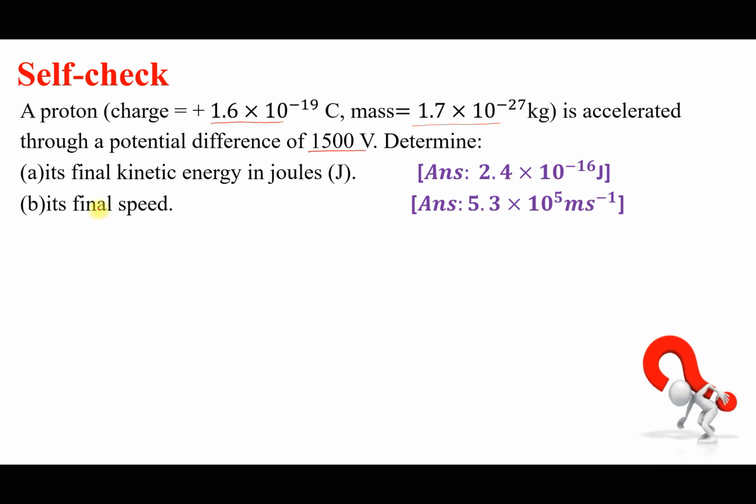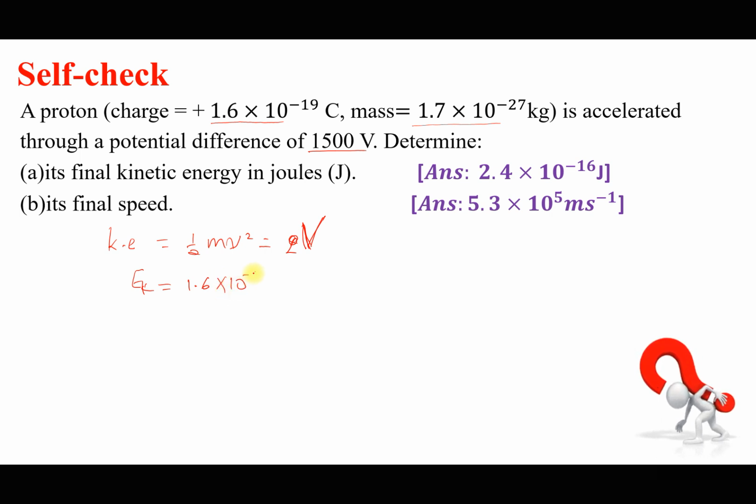So, of course, if it is accelerated through a potential difference, we have said that the kinetic energy, half mv squared, is going to be equal to the charge times the accelerating PD. So the kinetic energy is equal to the charge, which is 1.6 times 10 to the power of minus 19. I want to write Q instead of E because it's a proton.